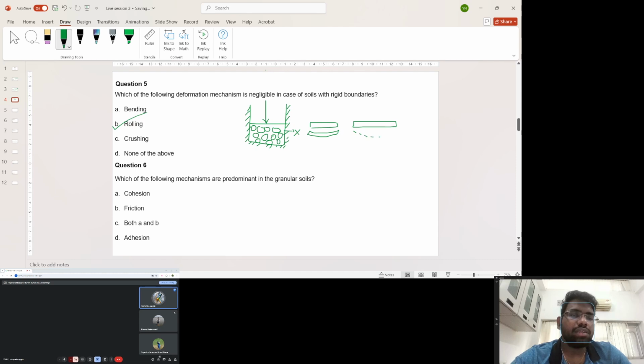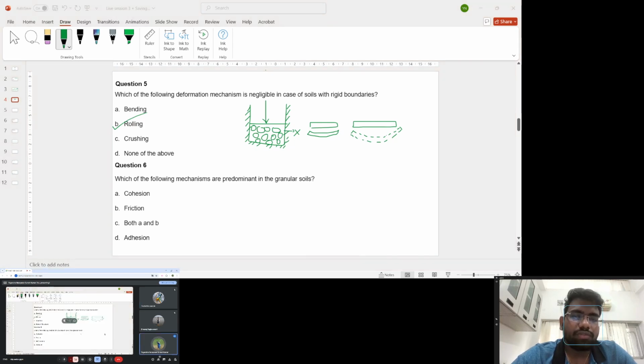So I'm not saying that you can quantify this, but the reason for this deformation, so why, you have to understand why this occurs. So when you apply load, what tends to happen? There is a tendency for volume change to occur of the entire sample, right?